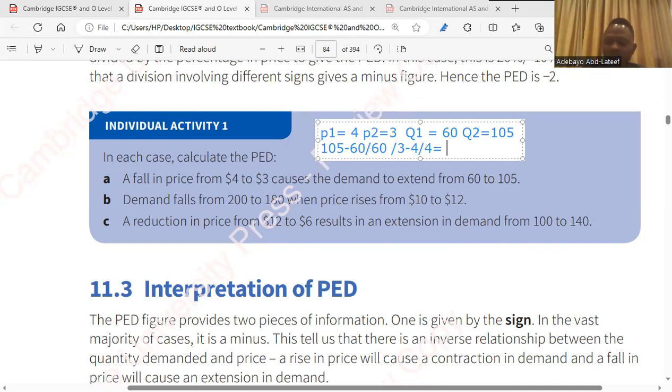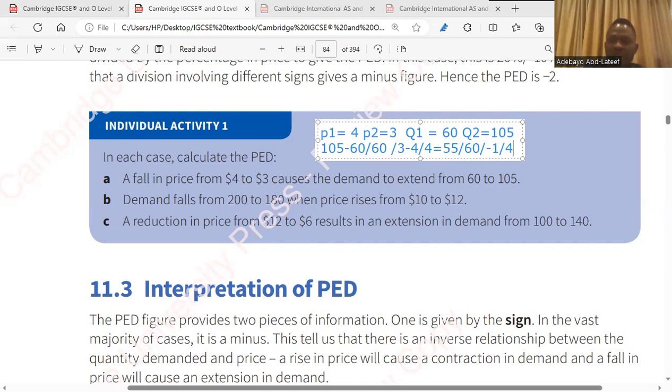It's 55, not 155. Sorry. So we have 55 divided by 60, divided by P2 minus P1, that's 3 minus 4, which is minus 1, over 4. Yes or no? Yes.